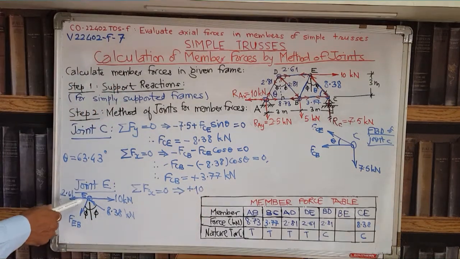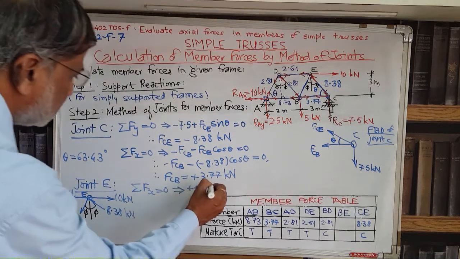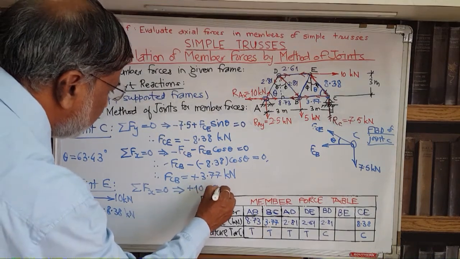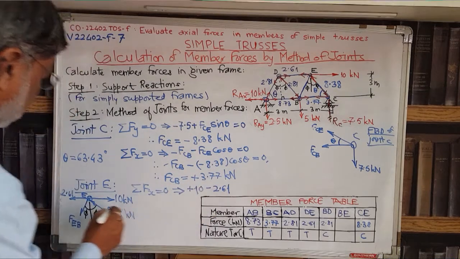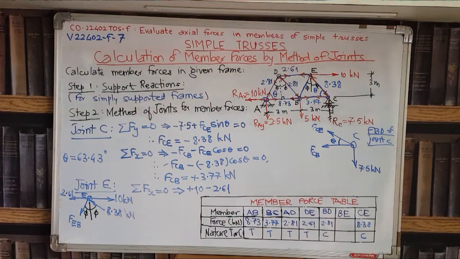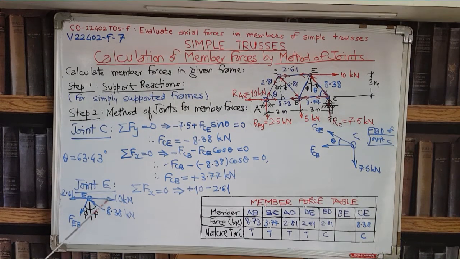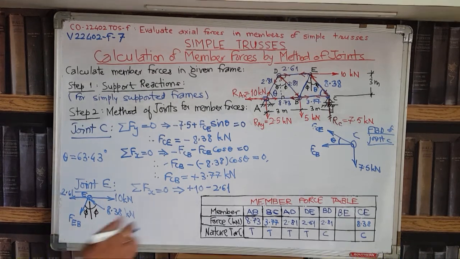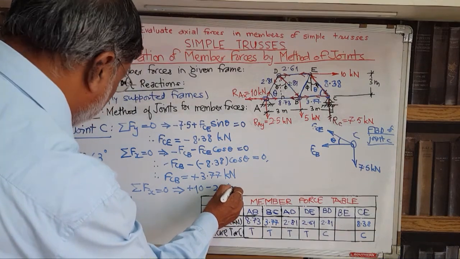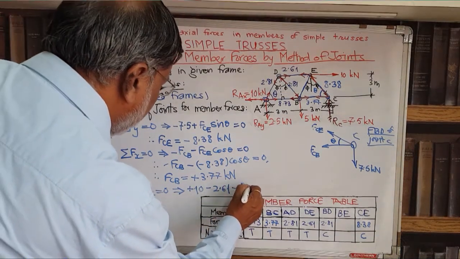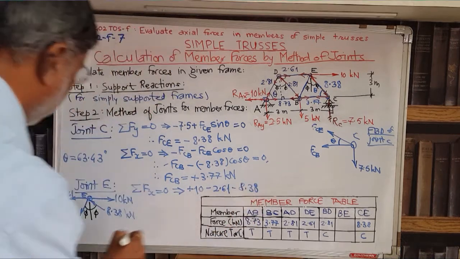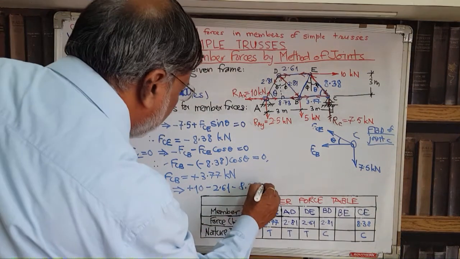The second force is 2.61 towards left, so this is minus 2.61. Then this 8.38 kilonewton is an inclined force, so it will have an x component and y component. Its x component will be towards left, so it will be minus 8.38 sine phi.